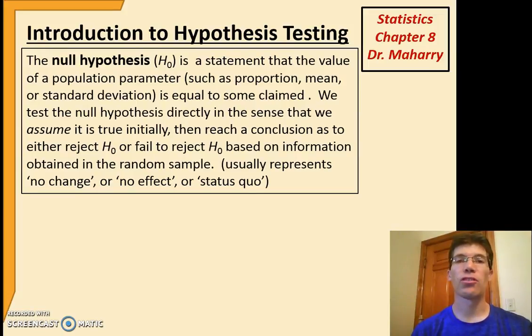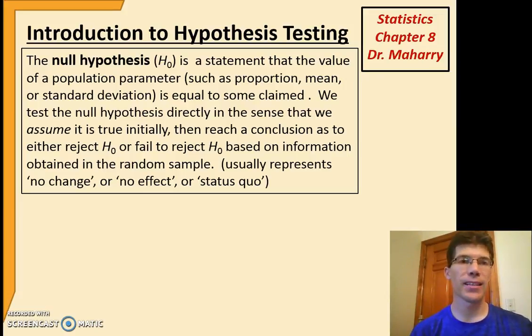The null hypothesis is kind of your starting point. It's sometimes the initial claim or the initial assumption, or maybe what we know from previous experience or previous data. Generally speaking, we test the null hypothesis directly in that we assume it is initially true. And so the null hypothesis generally has an equal sign in there.